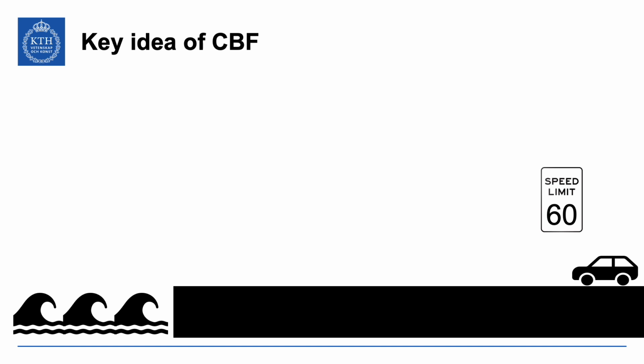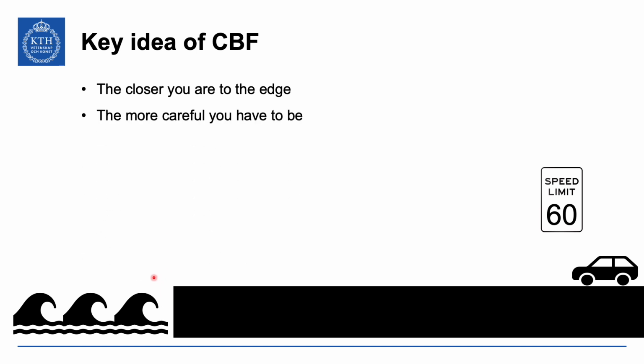So the key idea of control barrier functions is illustrated by this nice picture. We have a car over here, we have a speed limit, and this is a dock, so at some point there's water that we don't want to drive into. So the idea is that the closer you are to the edge over here, the more careful you have to be, which is a fairly well-known concept, right?